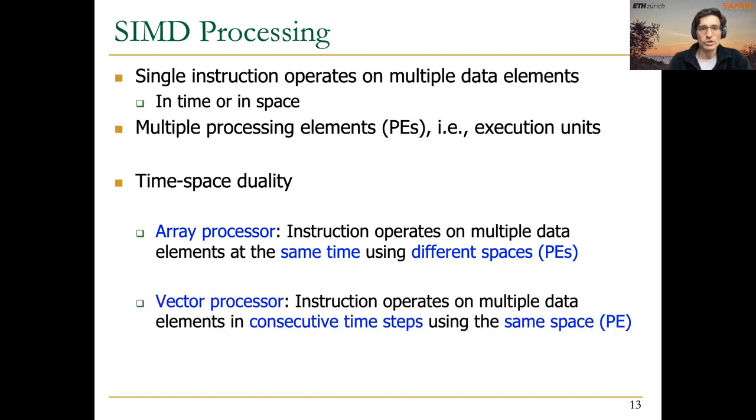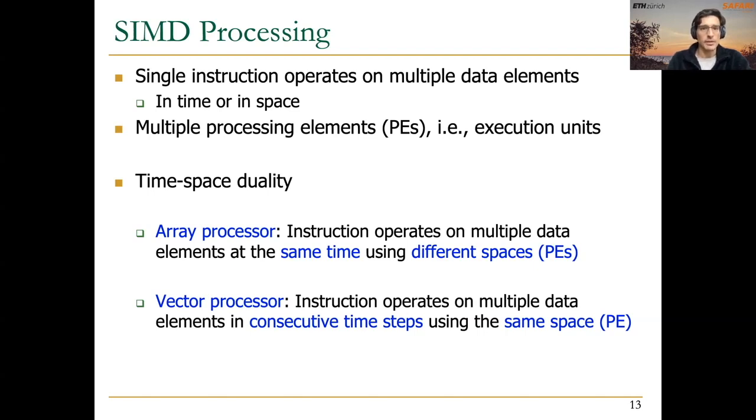While in the vector processor, the instruction operates on multiple data elements in consecutive time steps using the same space. Imagine that we have a single processing element, but this single processing element is pipelined. If it's pipelined, it means that it can start operating on one of the multiple data elements every cycle, right? And after a few cycles, we will have several of these data elements in the pipeline being operated on.